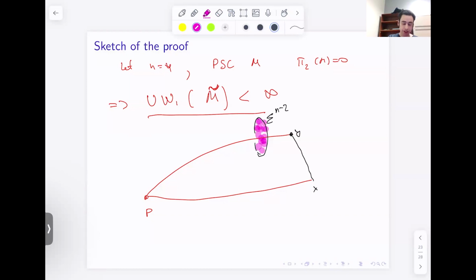So we can minimize area among all surfaces with this boundary. And then inside here, we can use mu bubbles to construct a mu bubble inside this minimal surface. And there is, again, this sort of dimension reduction going on. So you have a 3-dimensional minimal submanifold. So it inherits some positive scalar curvature properties.